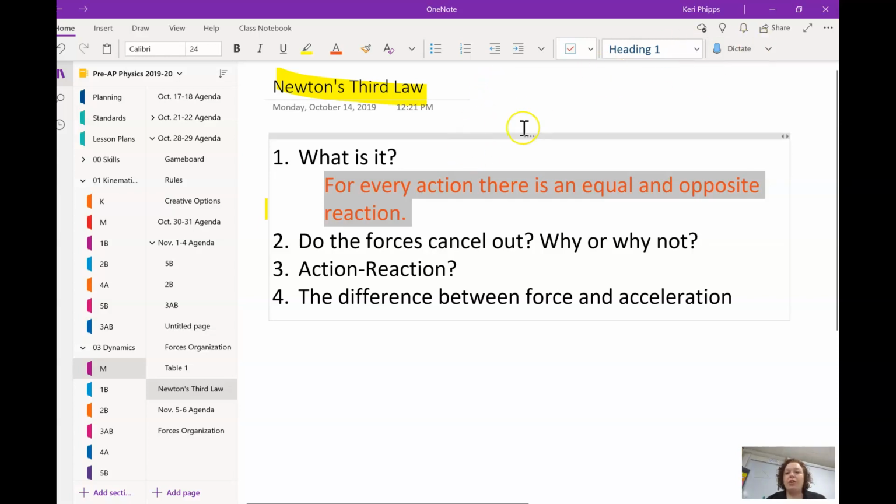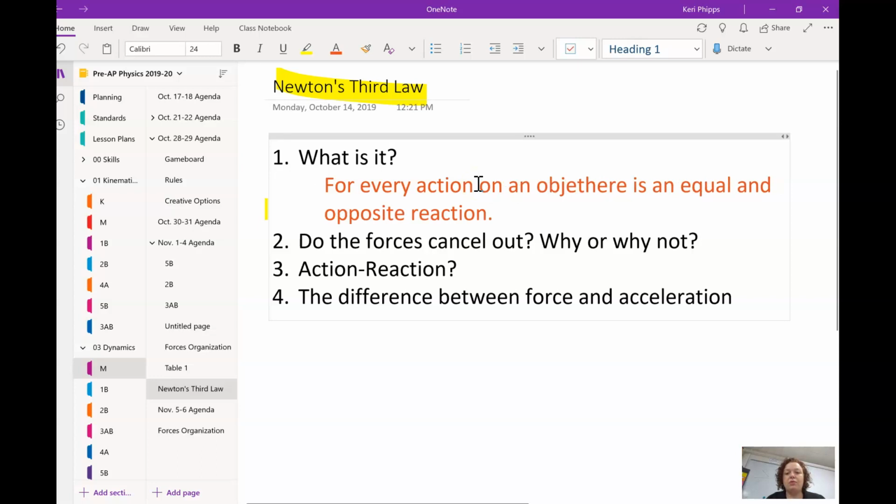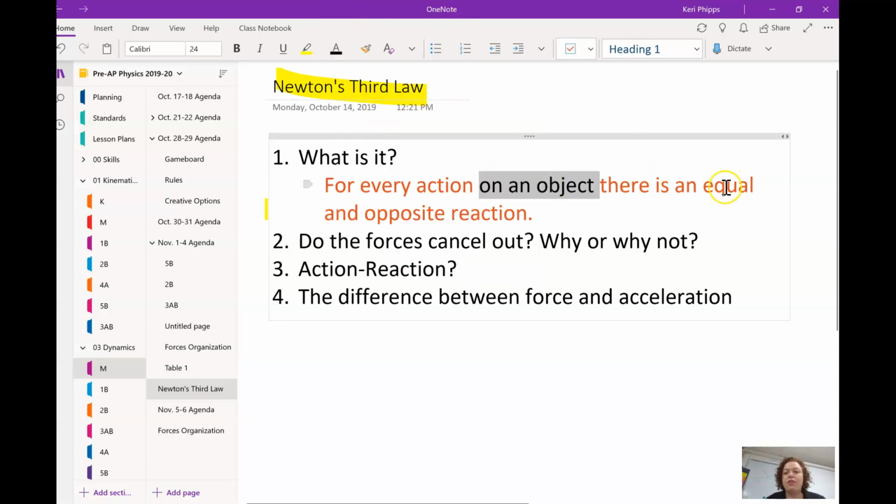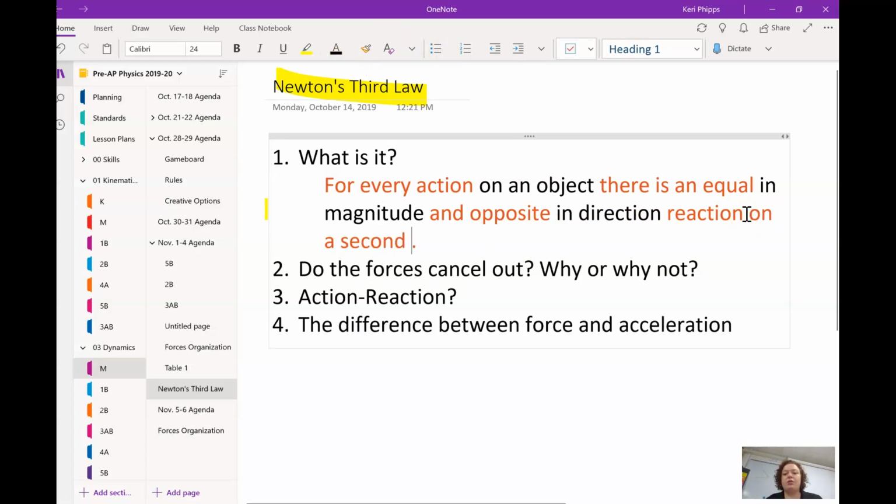Let's go ahead. We're going to take this and we're going to bump it up just a little bit. So for every action on an object, there is an equal in magnitude, so the size is the same, and opposite in direction, because it's a vector, reaction on a second object.